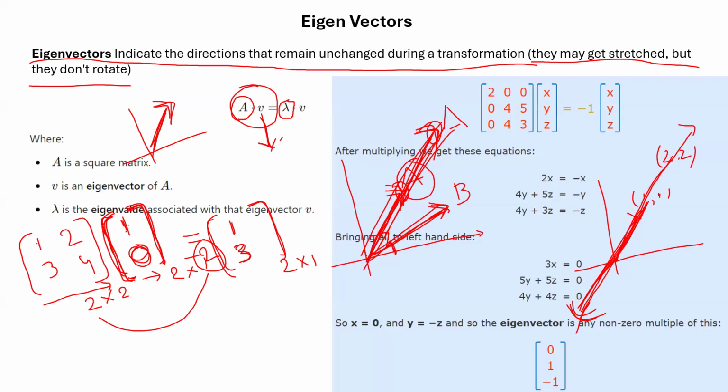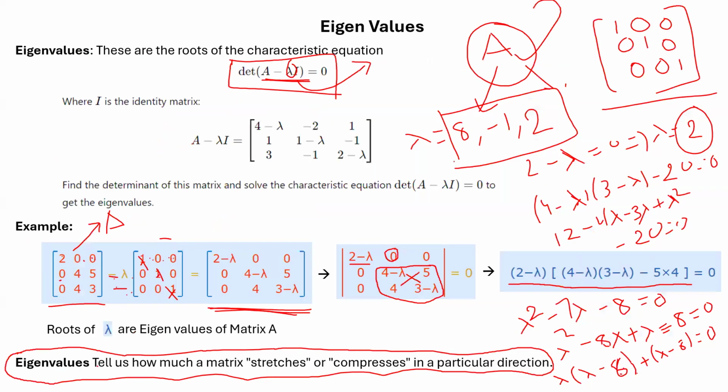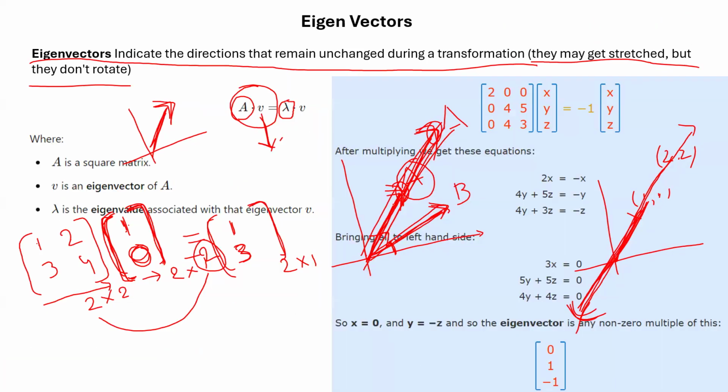So to calculate the eigenvectors, what you just have to do is apply this formula. This formula itself says when you transform any matrix A with the eigenvector V, the resultant would always be the eigenvector with a stretch parameter. So lambda is just the stretch parameter. It can stretch or compress. Lambda tells us how much a matrix stretches or compresses in a particular direction. So from this formula, you can say that lambda is a constant that specifies the stretch or compression of the matrix transformed.